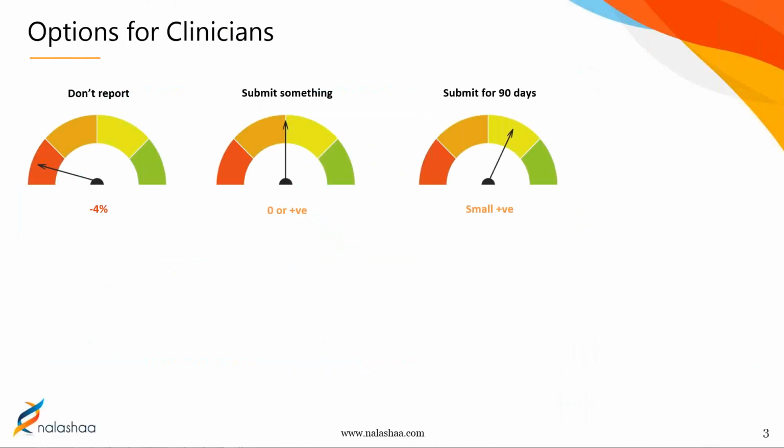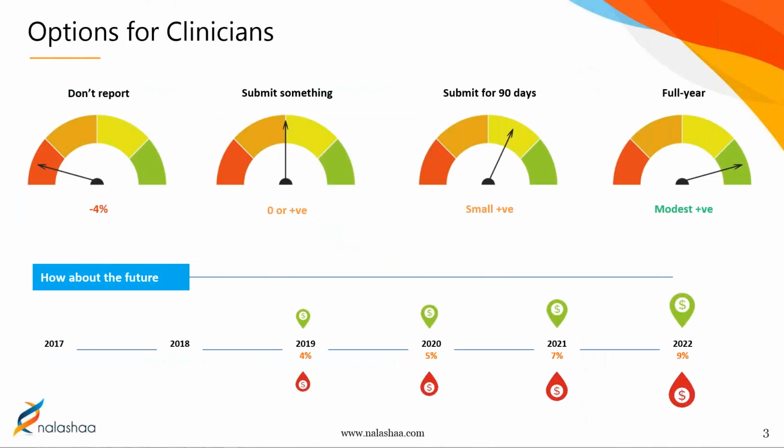So submit for 90 days and you will receive a small positive payment adjustment. And if you submit for the whole calendar year, the clinicians are going to receive a modest positive payment. So what does the future hold for us? We have 4% payment adjustment in 2019, which is gradually going to increase to 9% in 2022.